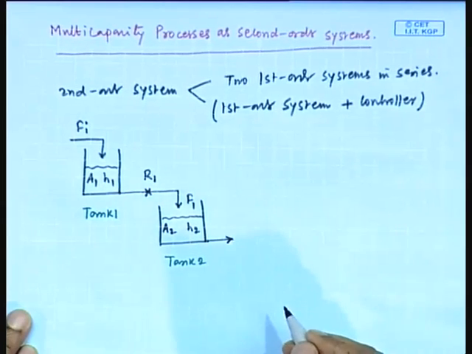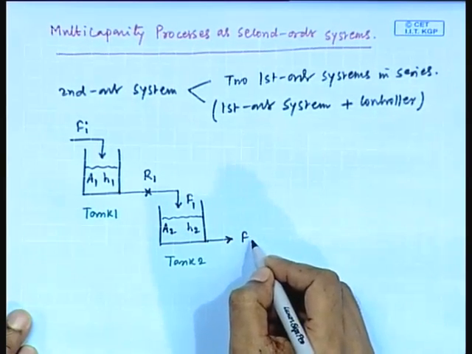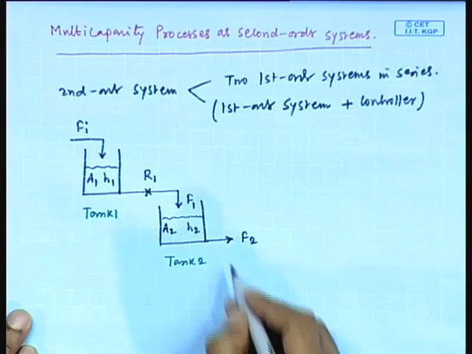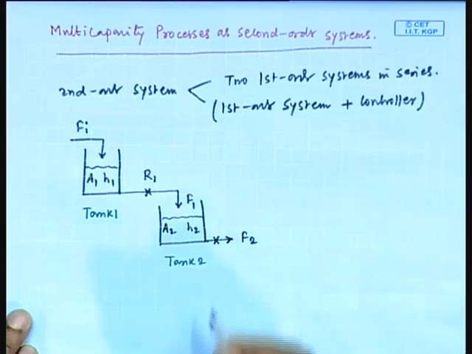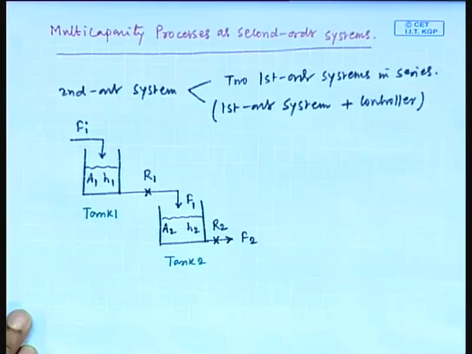The stream which is coming out from tank 2 has the flow rate of F2 and resistance is suppose R2. Fine. So, in this schematic representation two first order systems are connected in series.